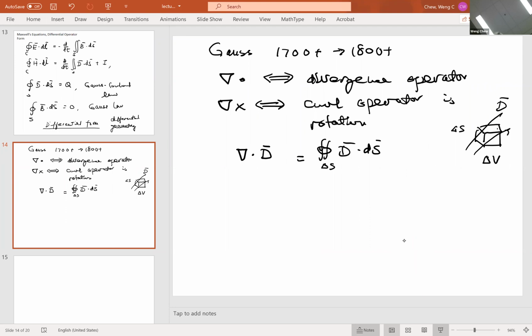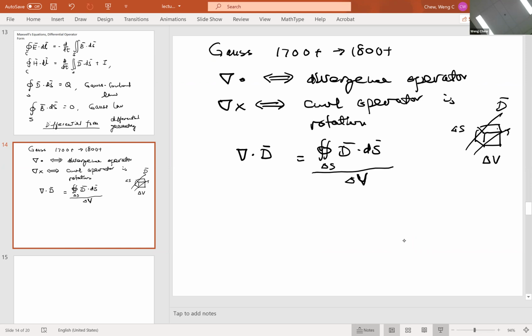Becomes small, very good. It will eventually go to 0, right? So that's no good. So I normalize it by the volume of this small cube over which I'm doing the experiment. If I do it this way, you'll find that this ratio becomes a constant.